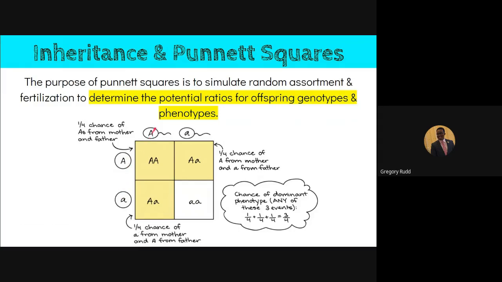Now what we're going to do is just watch them mix with each other. So if dad's dominant allele fertilizes mom's dominant allele, then we end up with an offspring that has 2 dominant alleles, and that offspring is going to be called homozygous dominant.